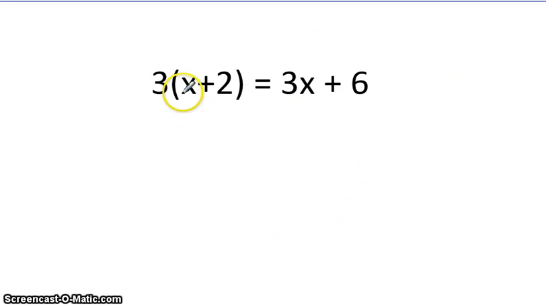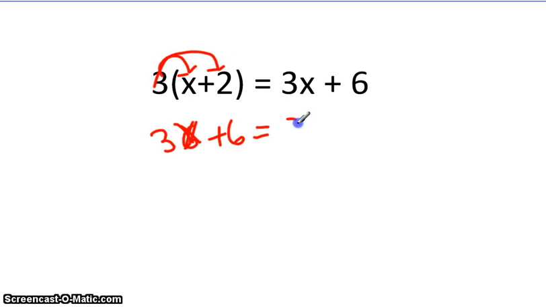Example number 3. There are no fractions, so now I'm going to clear grouping symbols. I'm going to distribute. I get 3x plus 6 equals 3x plus 6. Now at this point I can see that it's an identity, or even if I go to move my variable to the left, I'm going to subtract 3x.